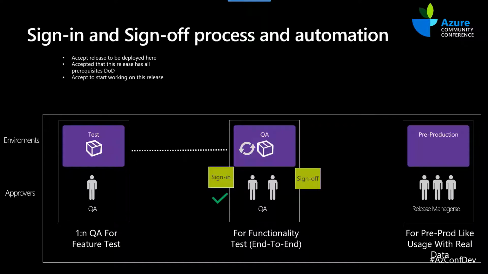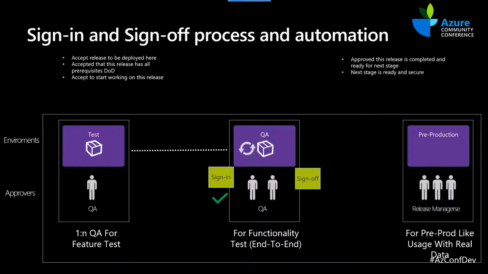And the sign off here means that you approve that this release has completed all the work in this stage, and you approve that you are done with your work. You also approve, maybe as part of this, that the next stage is secure. And this is our scenario in this case, that as part of the sign off we will check for security for the next environment.